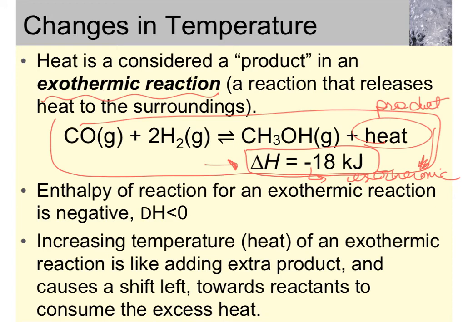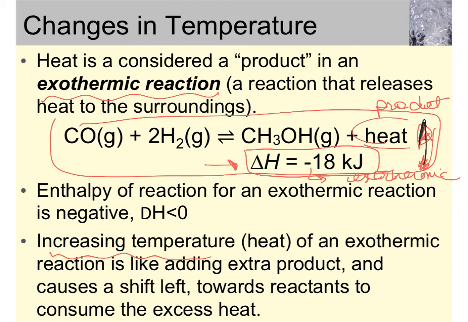All right, so if you have an exothermic reaction and you increase temperature, for Le Chatelier purposes, you're going to think of heat as either a product or a reactant. When heat is a product and you increase it, that's just like increasing any product.